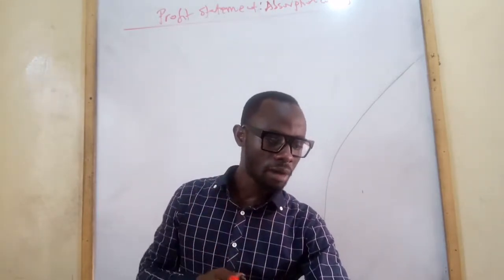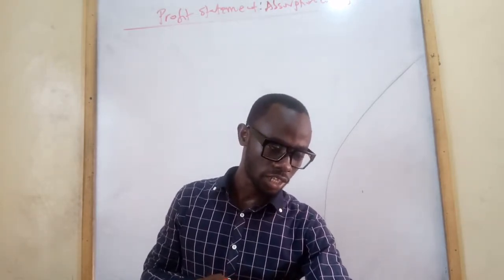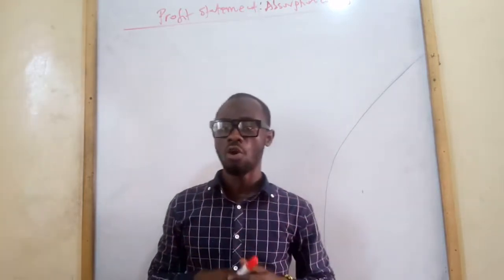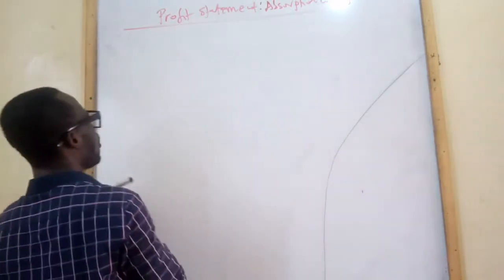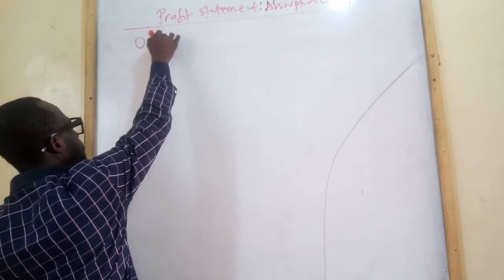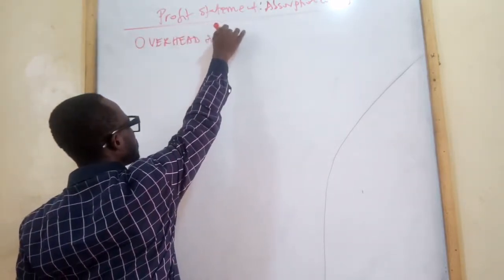Then we were also given the number of deliveries and the number of orders that were dispatched. So in order to calculate our total overheads, what we're going to do is to go this way. So overhead apportionment.